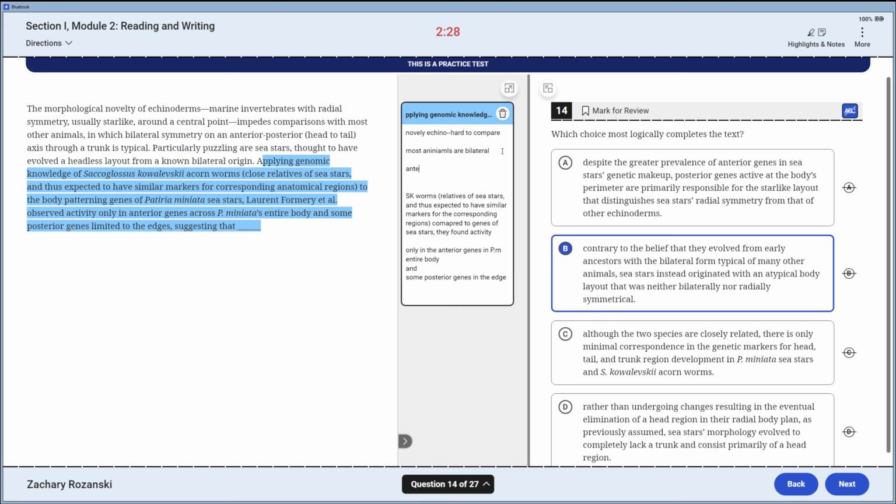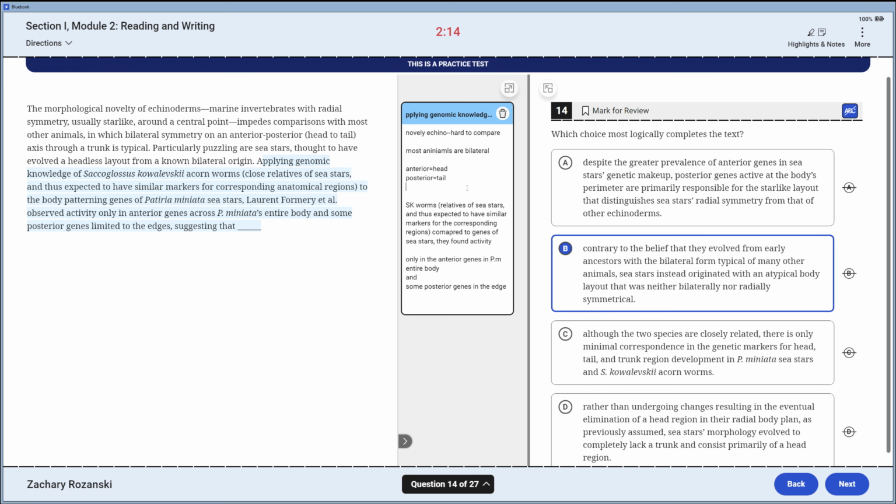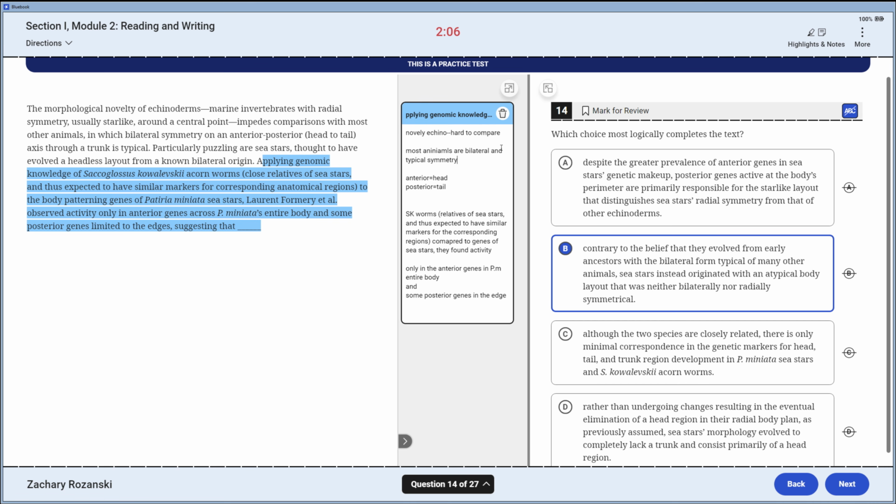Anterior equals head, and then posterior equals tail. That's helping with some of the concepts that I saw popping up. Like later what it means, head and tail. I keep reading. Axis to the trunk is typical. And typical symmetry.